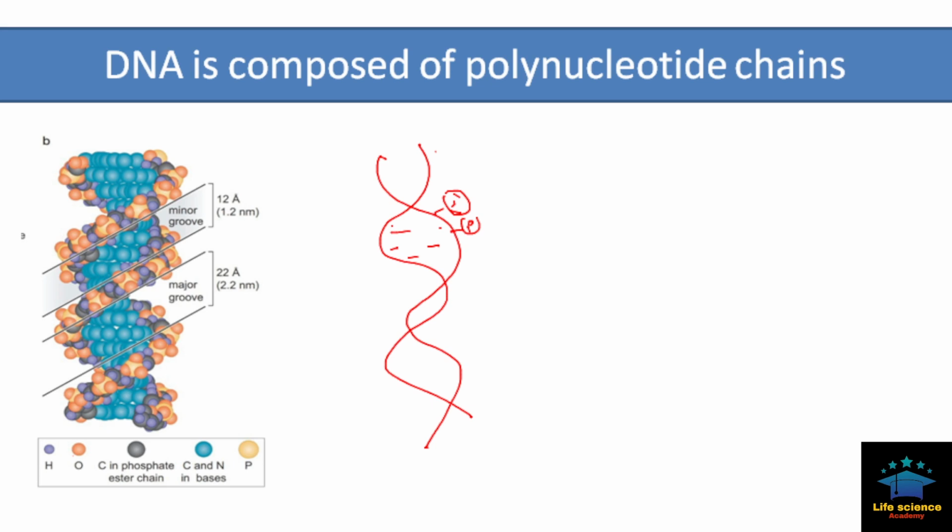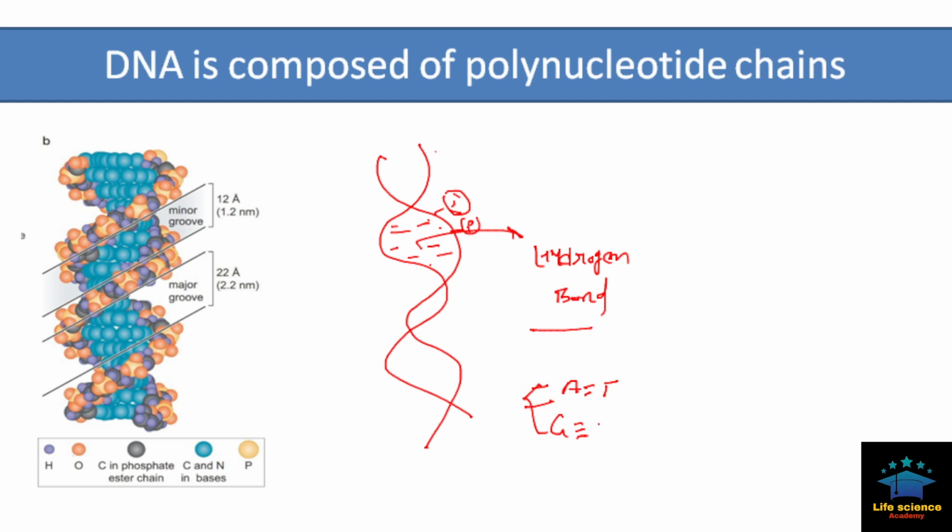Some important points are required. Adenine can pair with thymine with the help of two hydrogen bonds, and guanine can pair with cytosine with the help of 3 hydrogen bonds.